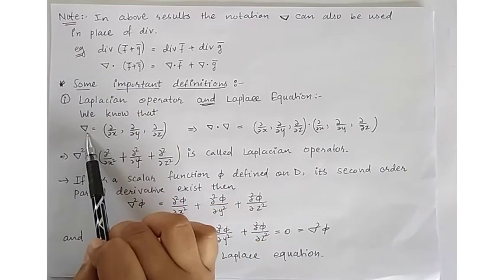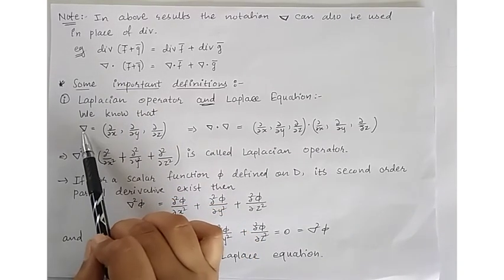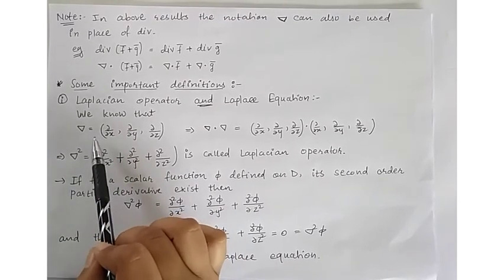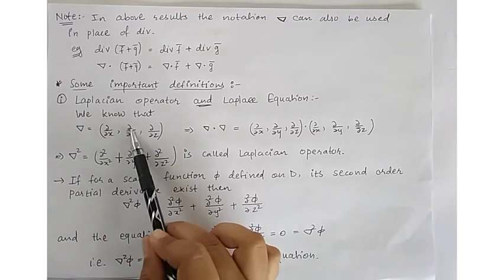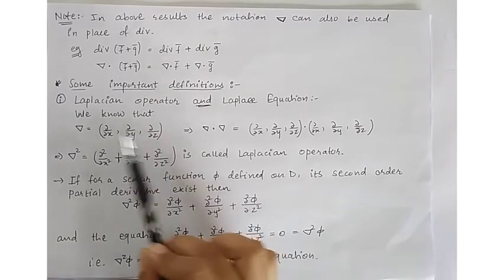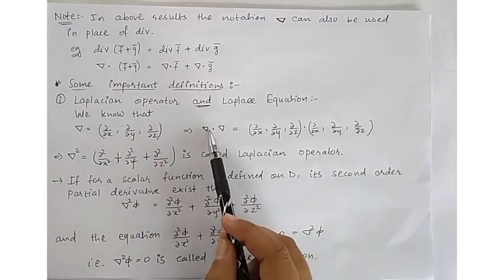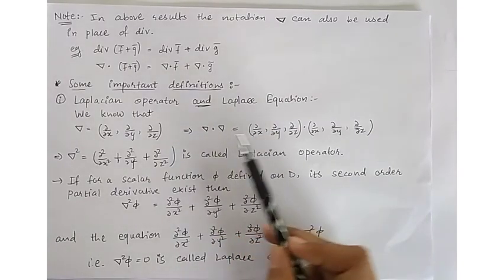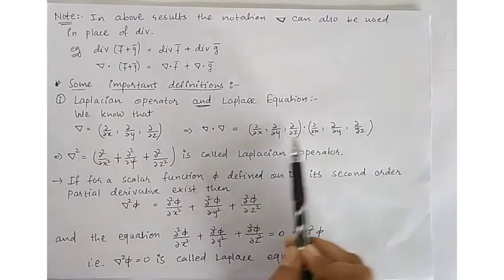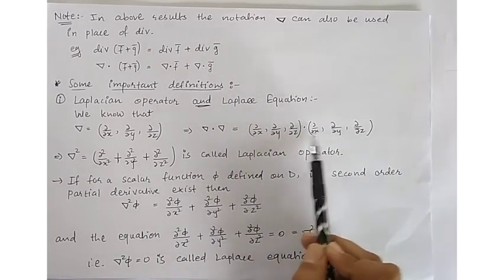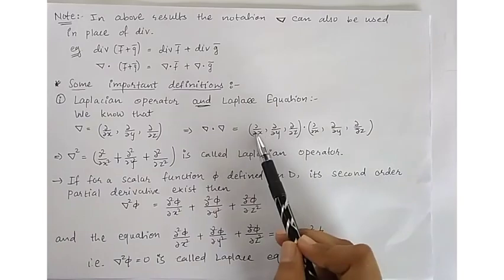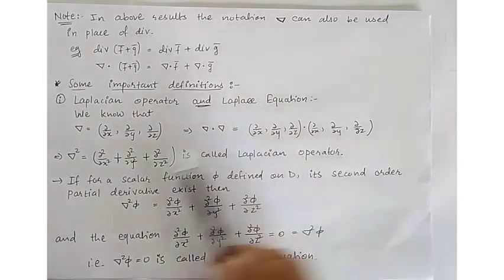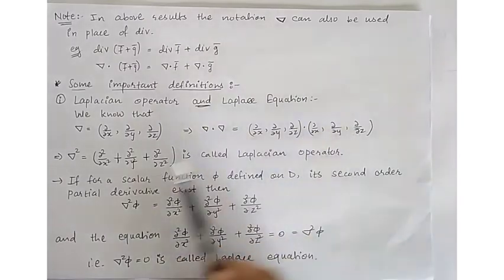So we have this operator nabla. Nabla is equal to the ordered triplet del by del x, del by del y and del by del z. If I multiply this nabla operator two times, taking the dot product of these two operators, it gives first times first component plus second component plus third component.